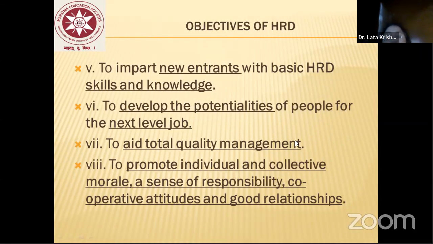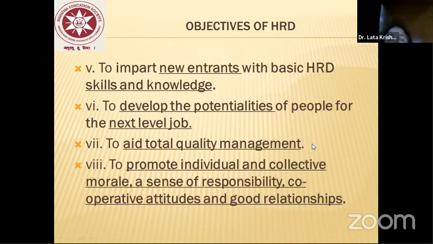To support total quality management. TQM is a very important management activity. When we talk about TQM, students, it is all about understanding that every aspect of a business organization has to think about total quality and zero mistakes.